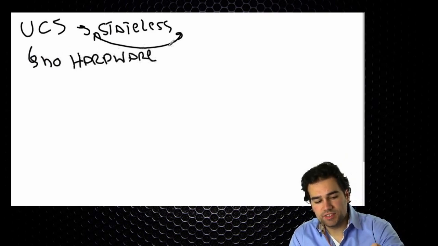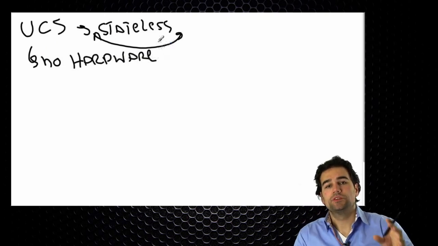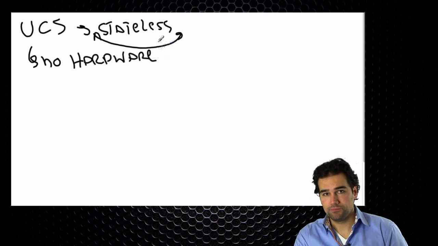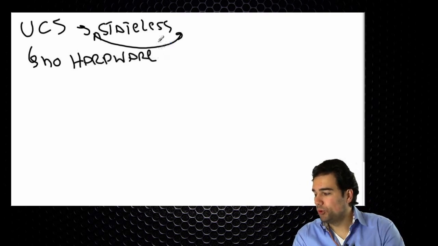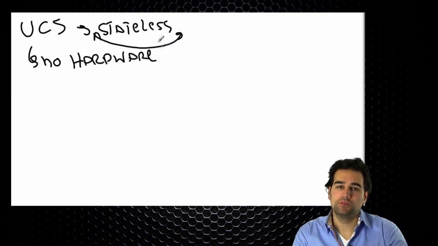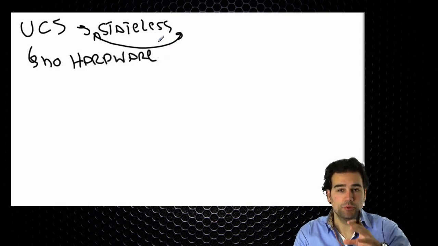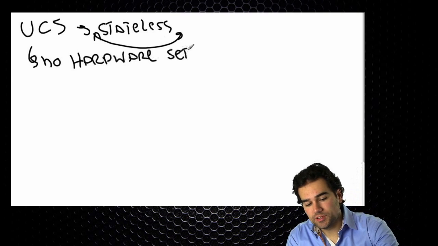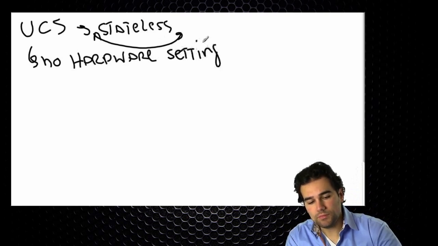And just like OS installations, we prefer not to use local OS installations. So we point the UCS to a remote storage array, for example, to boot its OS from. That's the first thing.